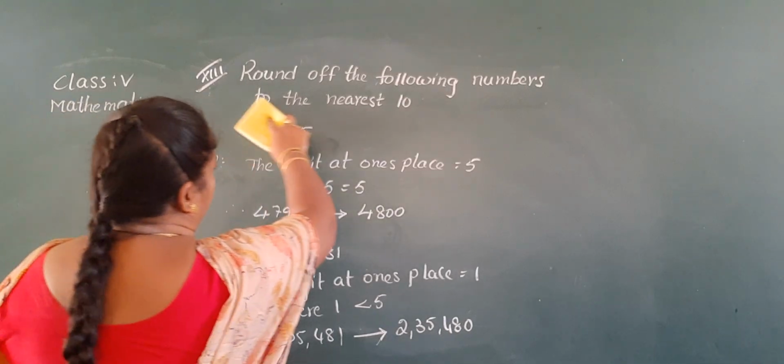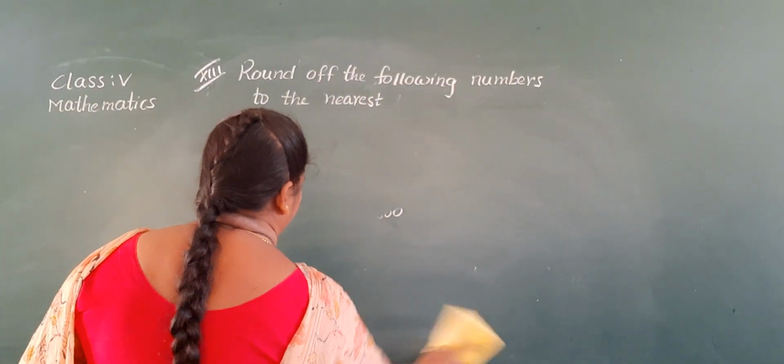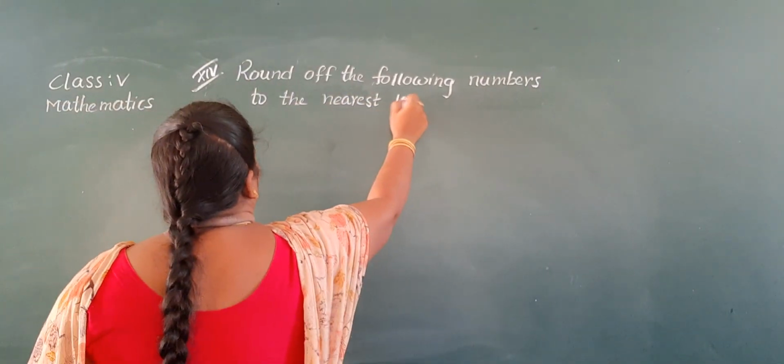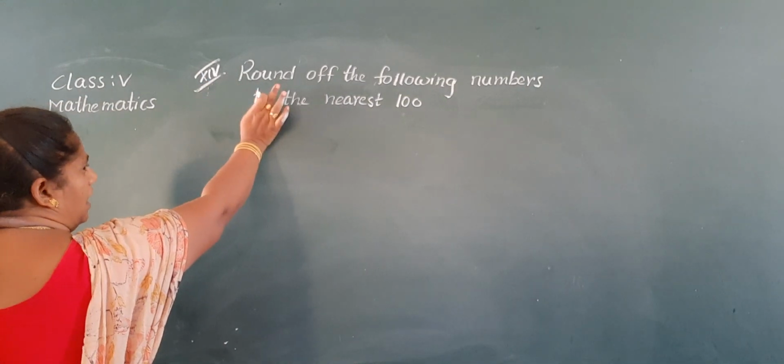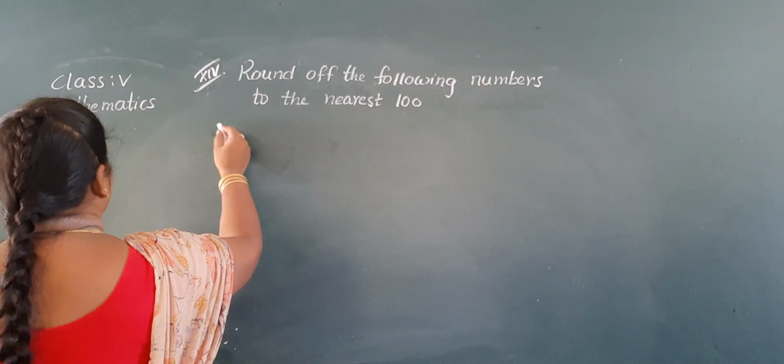Now, round off the following numbers to the nearest 100. 14th one. Come on, write down. Round off the following numbers to the nearest 100.